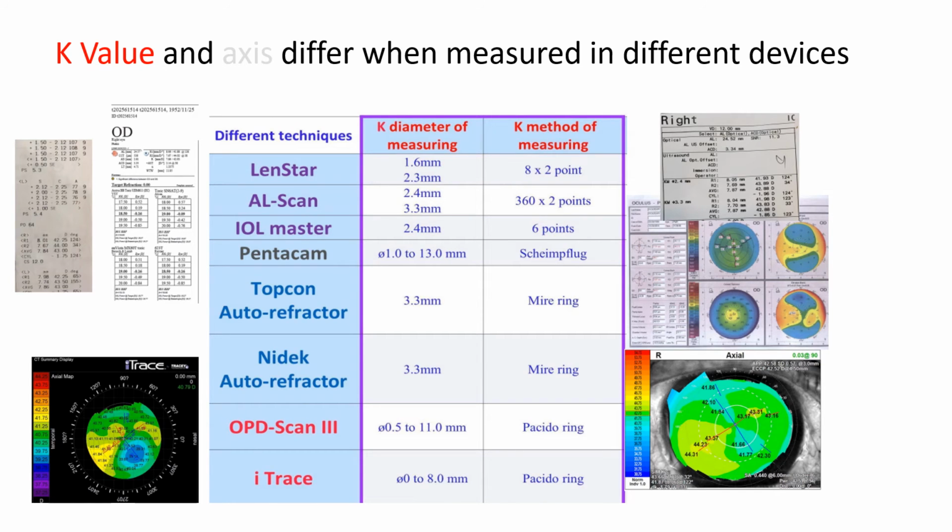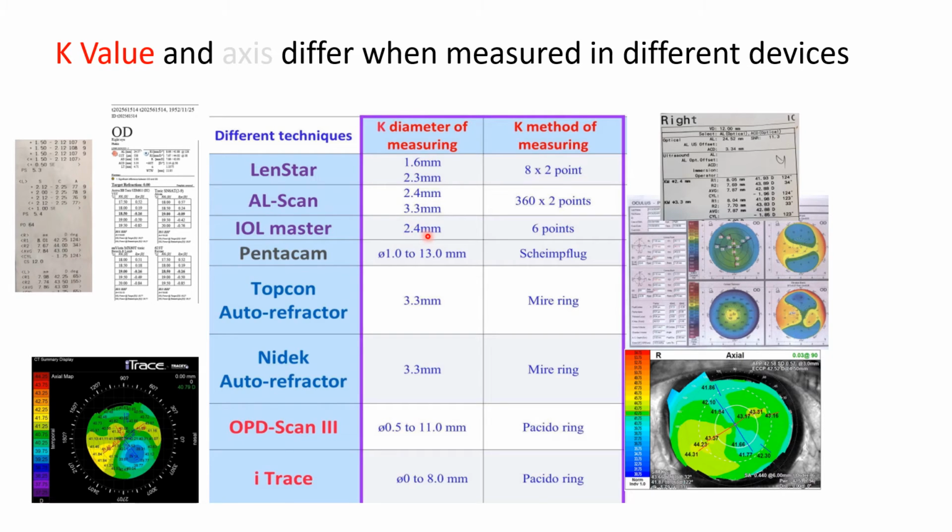So what you see here is that different keratometry machines and optical biometry keratometers measure different areas of the cornea. The Lenstar measures 1.6 millimeters and 2.3 millimeters of the cornea. Likewise, the IOLMaster measures around 2.5 millimeters of the cornea.